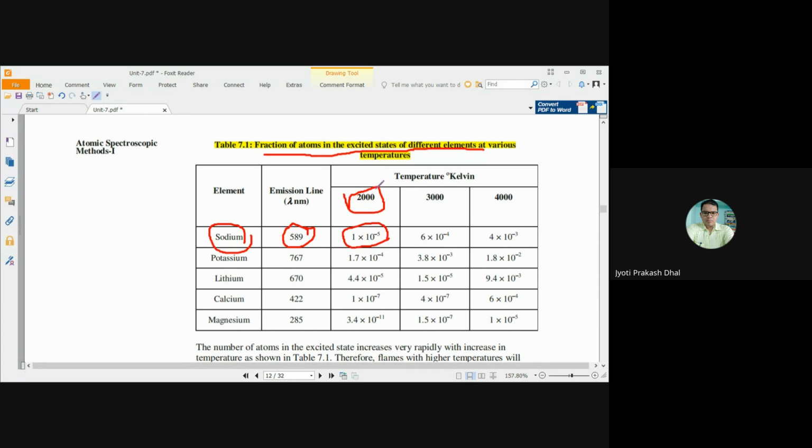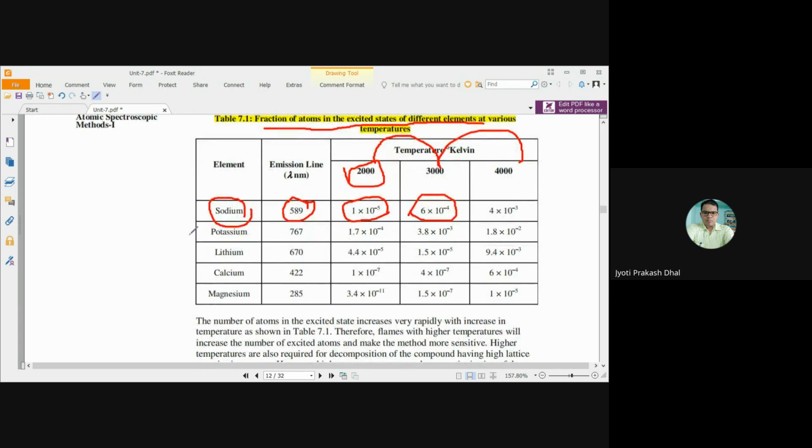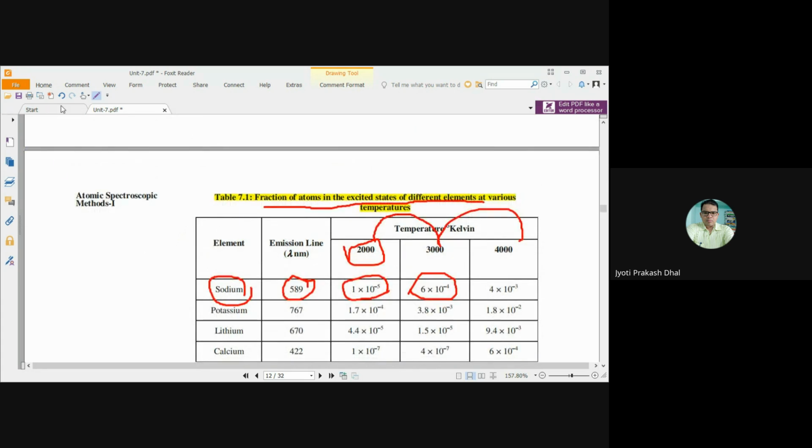And if the temperature increases from 2000 Kelvin to 3000 Kelvin, the fraction of atoms will increase by 60 times. And if the temperature increases again, the fraction of atoms undergoing excitation will increase by 400 times.